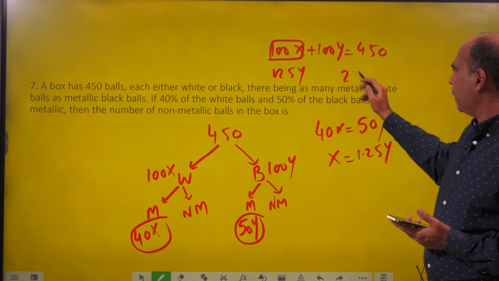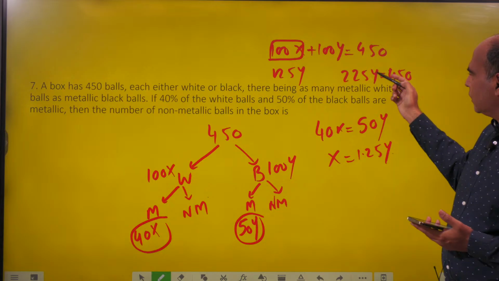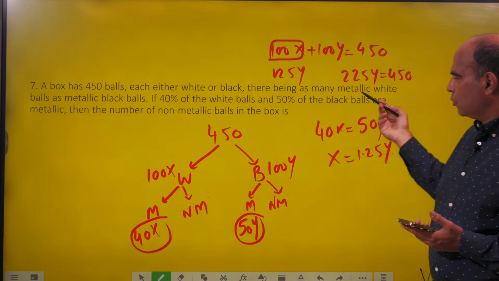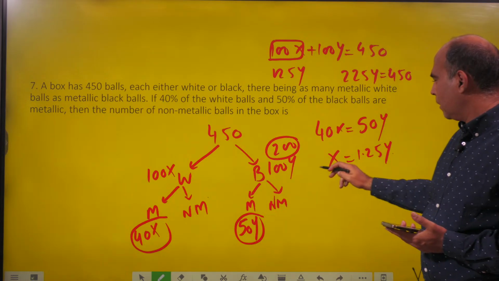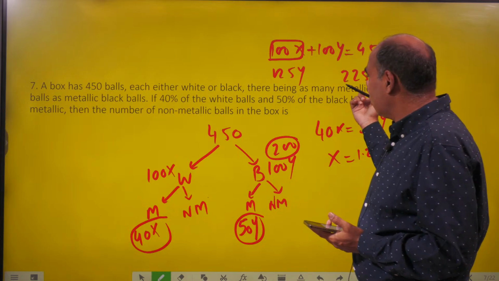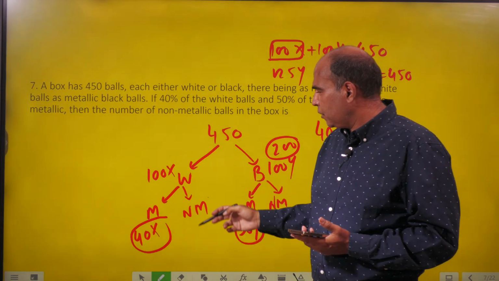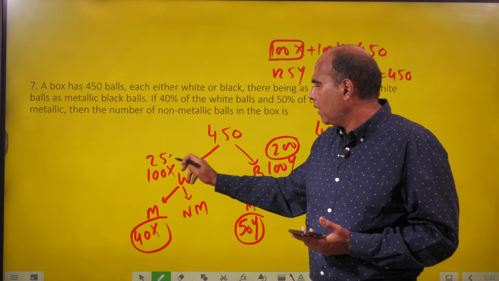So I have got 225Y as 450. That means the value of Y is 2. So that means there are 200 black balls. And X is 1.25Y. So if the value of Y is 2, the value of X is 1.25 into 2, which is 2.5. So there are 250 white balls.